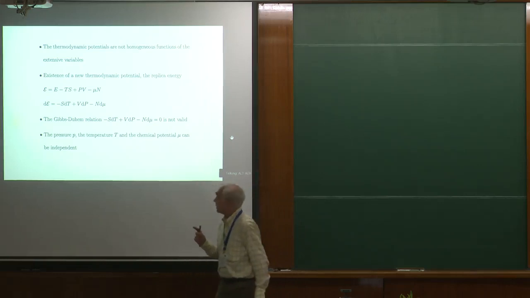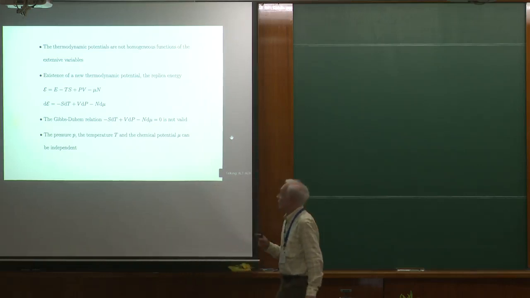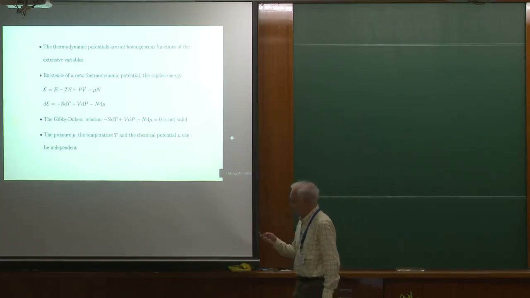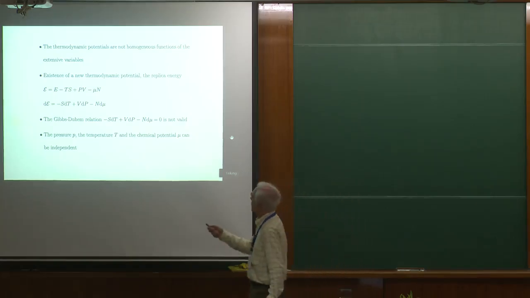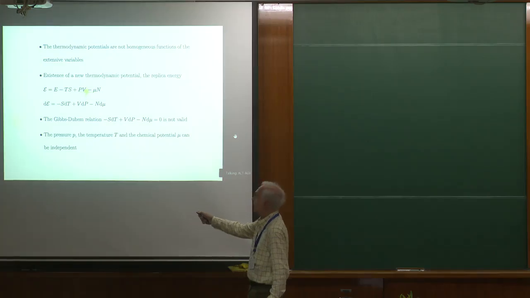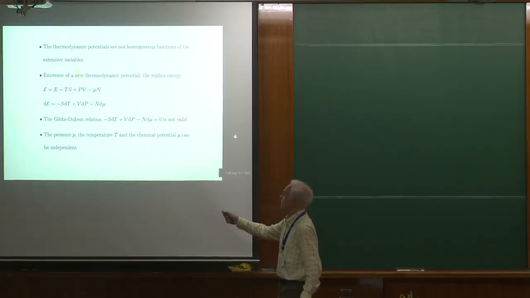And then this lack of additivity has another important consequence, the existence of a new thermodynamic potential that has been called the replica energy. Its definition is given by the energy minus T times entropy plus P times volume minus the chemical potential times the number of particles.